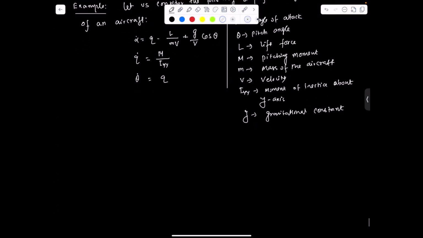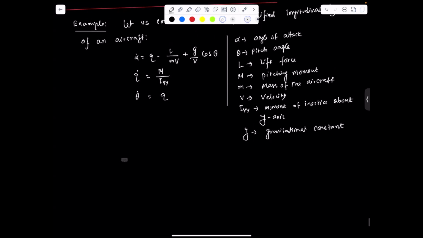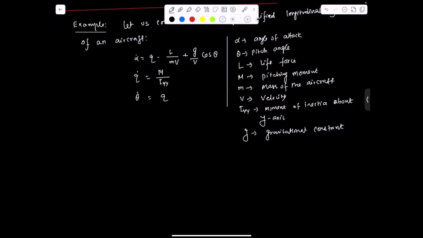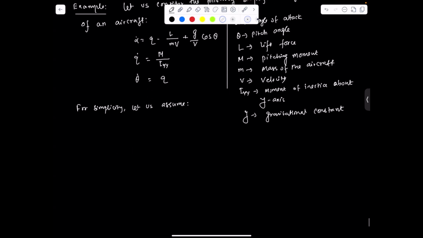For simplicity, let us assume L equals half rho V squared S CL, where CL is the lift coefficient, so we can write CL alpha only. We are not taking the other terms, just for simplicity.